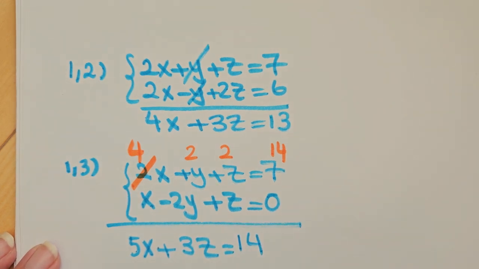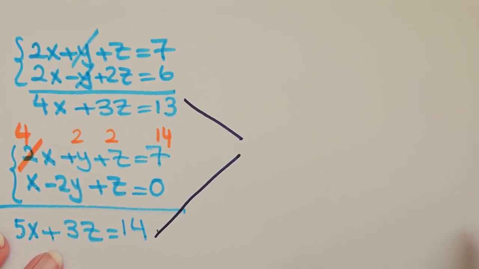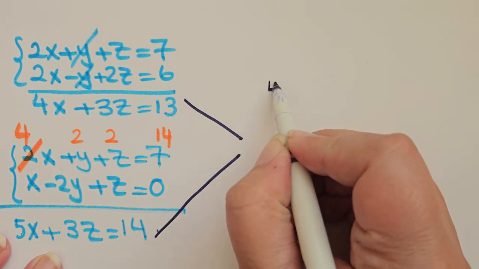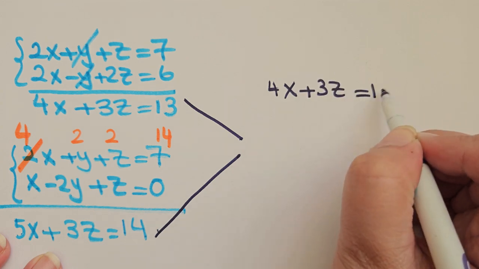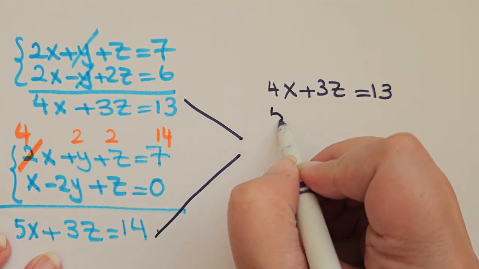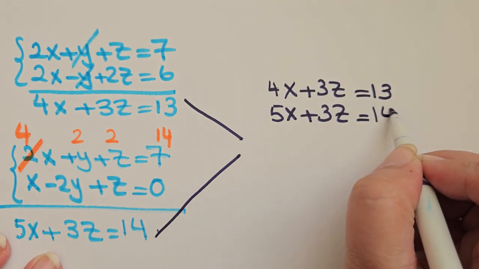Okay, the next step, I have to take these two together, two variables, and find the values of the x and z coordinates. So 4x plus 3z equals 13, and the other one is 5x plus 3z equals 14.